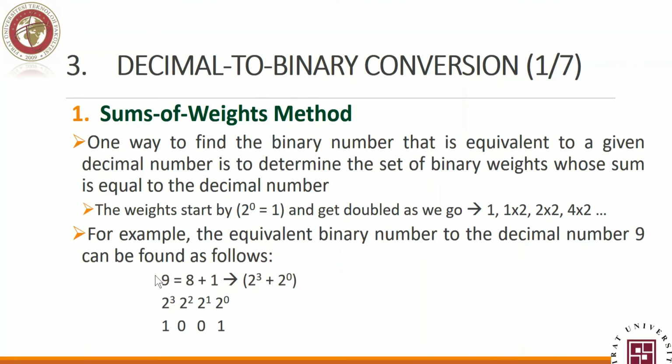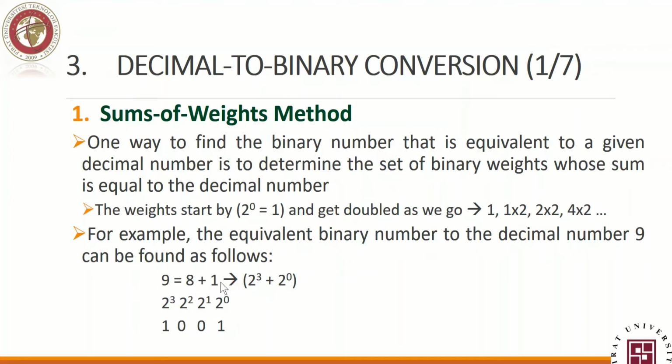You take the number, whatever the number is, and decompose it into a sum of weights. It needs a bit of experience. Now the weights depend on the standard weights for the binary system. Okay, what does it mean? Let's take a simple example. 9 can be decomposed to 8 plus 1.